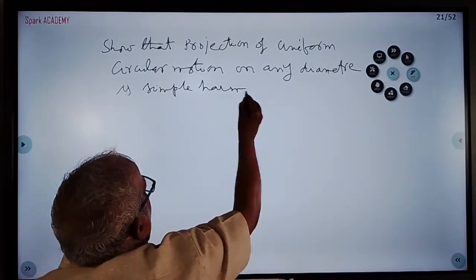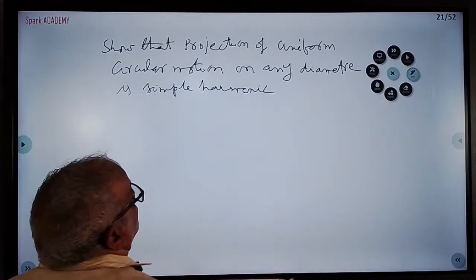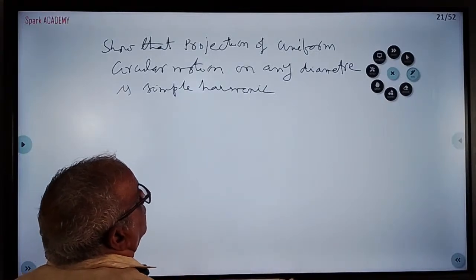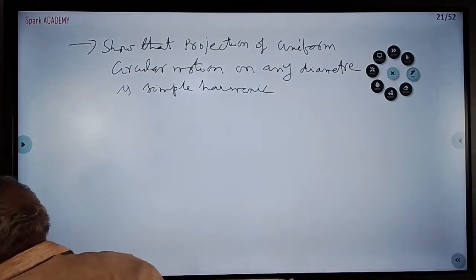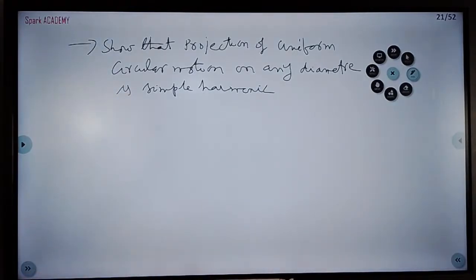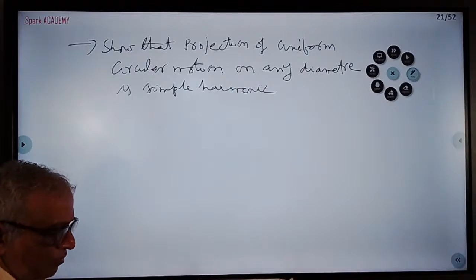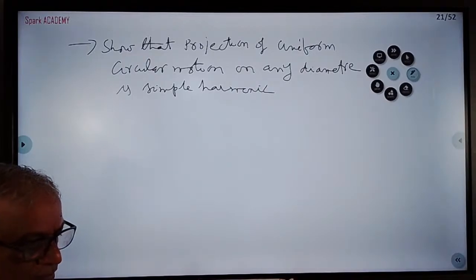They ask this very much. This is another long question in oscillations: show that projection of uniform circular motion on any diameter is SHM.